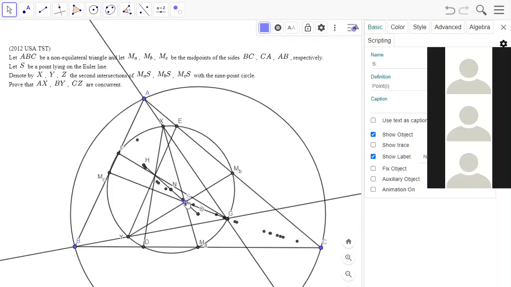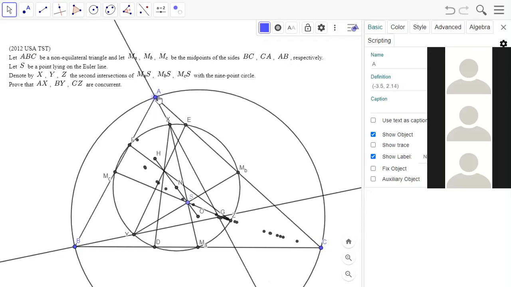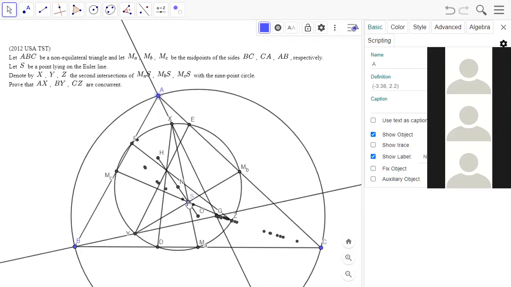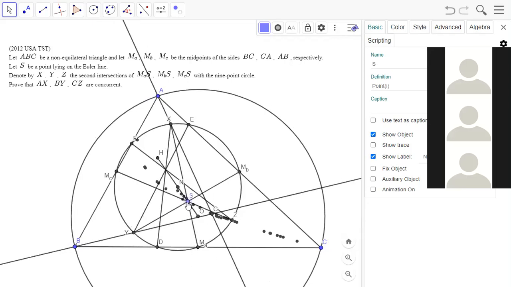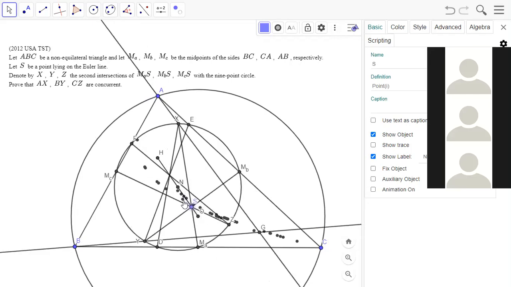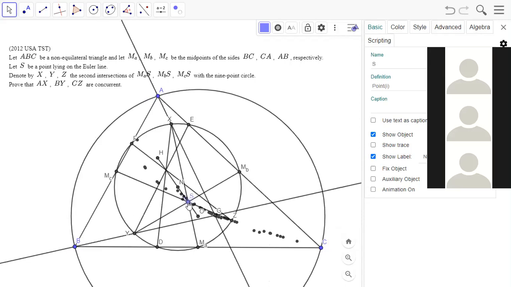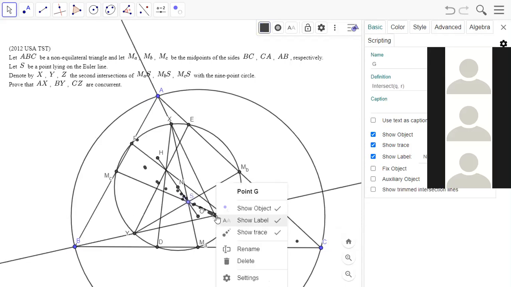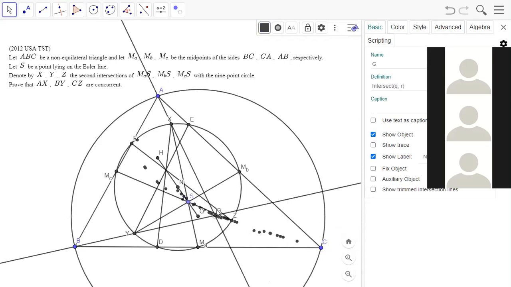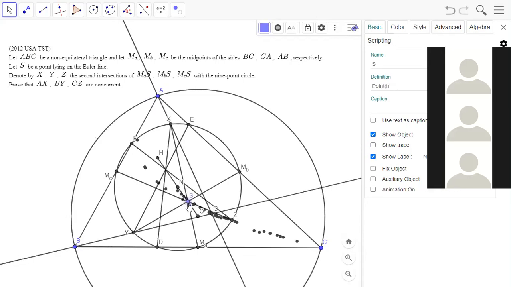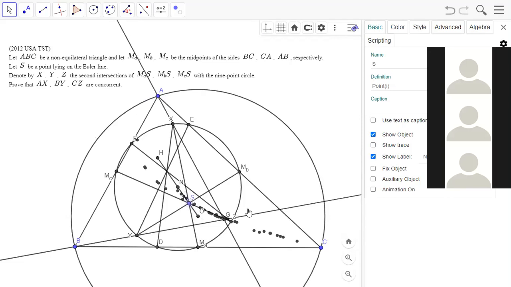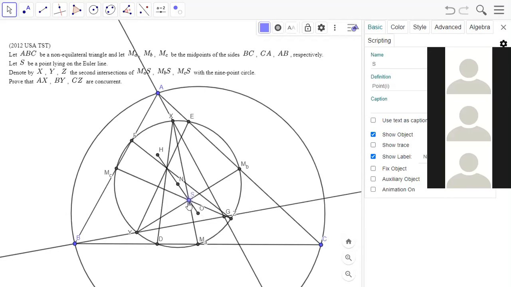I don't know if it's a conic or something. Right, how do I make the trace go away? I think if you just undo it, yeah.